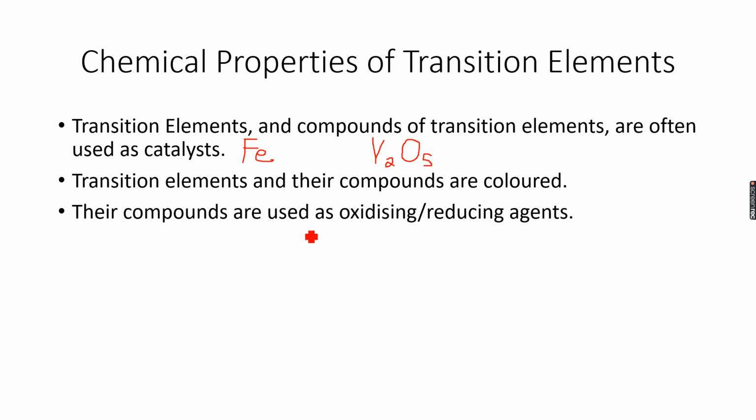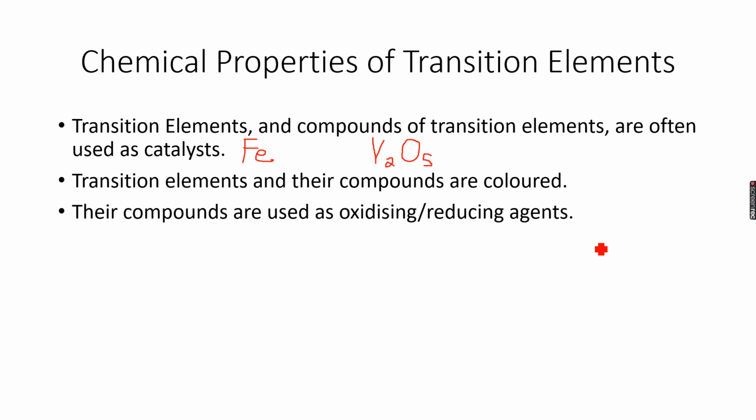Transition element compounds are used as oxidizing or reducing agents. This is because of their variable oxidation states, because they can change from one oxidation state to the other. For example, Fe2+ can be oxidized to Fe3+.